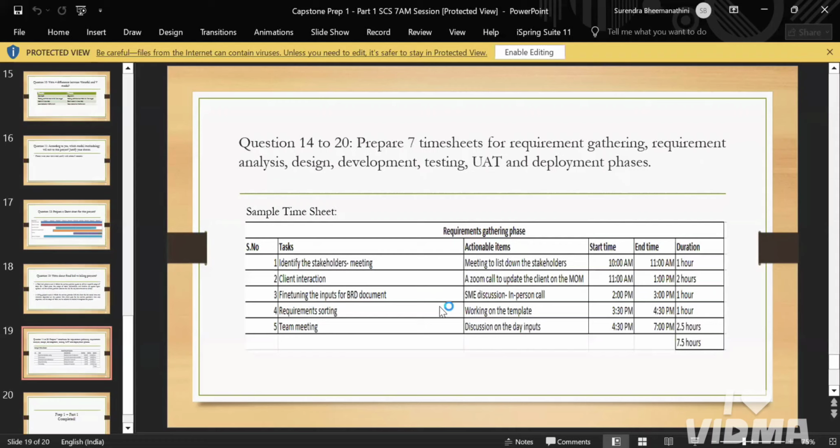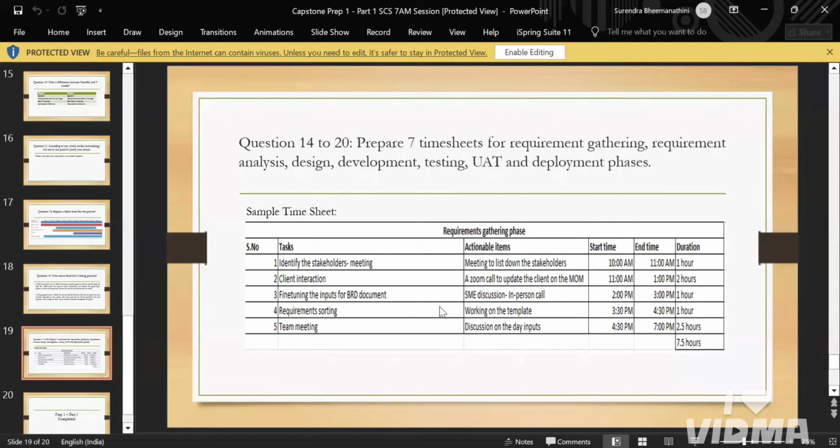And the next question is timesheets. You need to prepare the timesheets for requirement gathering, requirement analysis and design, development, testing, UAT, and deployment phases. You need to write the timesheets for each phase.